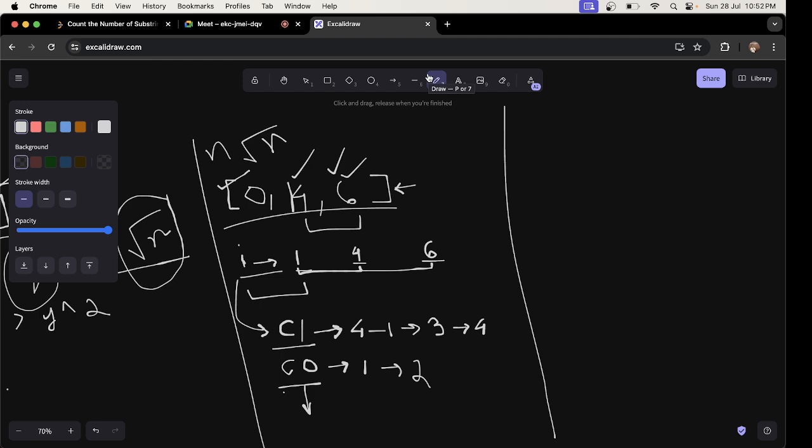Now the most difficult part here. Before that, let's understand one thing. Let's say I have a substring which ends at 0, and then there are some ones after that. So this is my whole substring. Till this 0, I have A zeros and B ones.